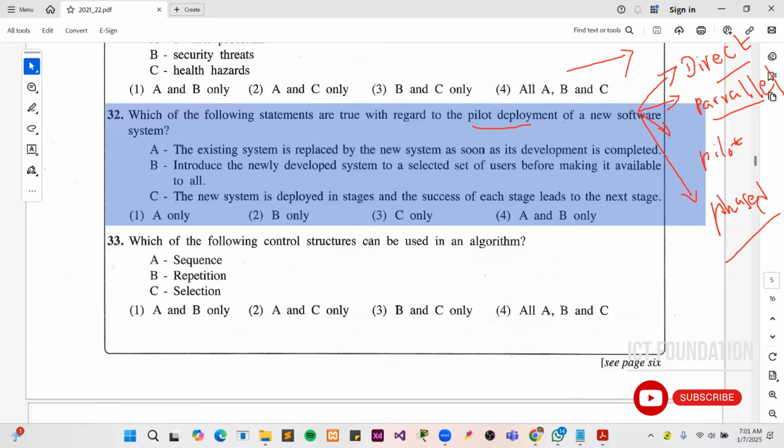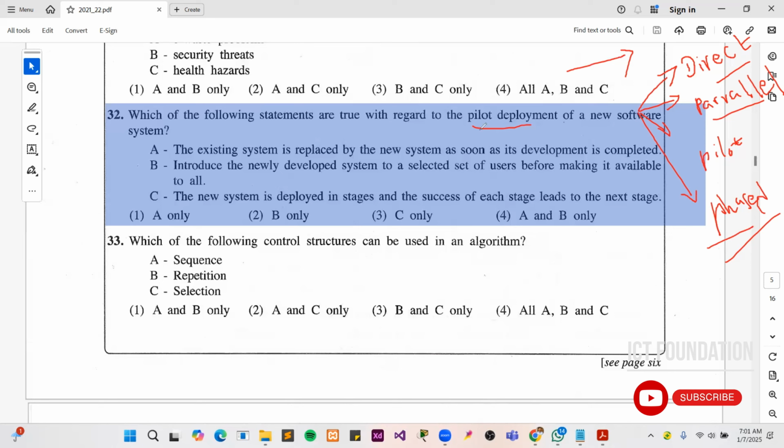Initially, I will utilize Facebook and convert all of my accounts to the new phone and become familiar with Facebook. Finally, I will transfer all of the contacts to the new phone. Like that, one by one, I will transfer all of the data from the old system to the new system. So these kinds of activities are considered phase deployment.